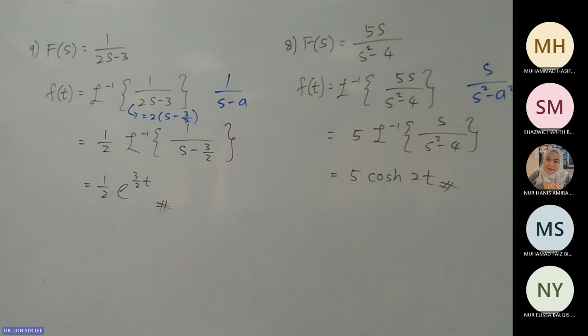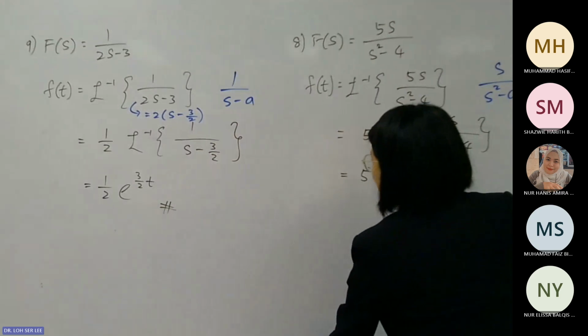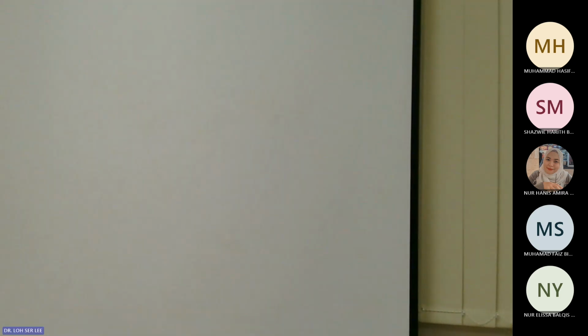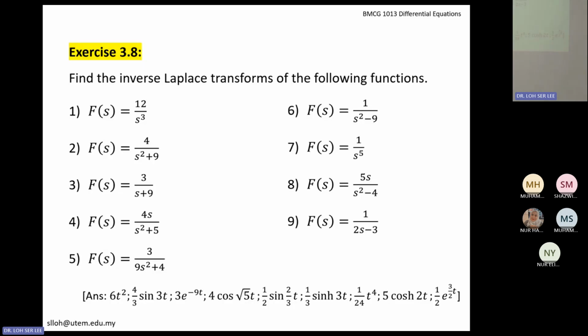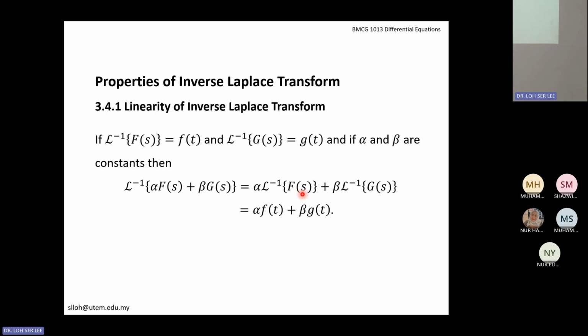Any questions? We look at the first property of the inverse Laplace, which is linearity.